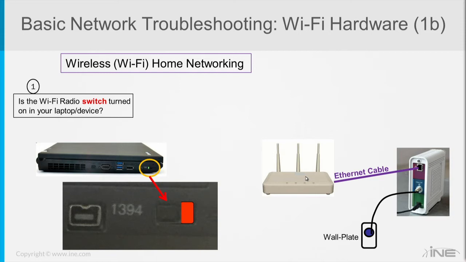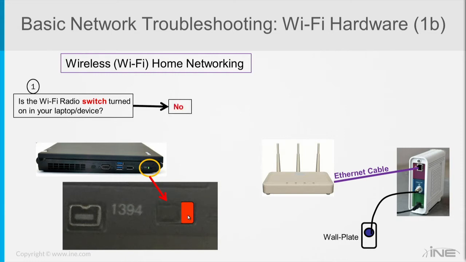Now, tablets and smartphones don't have a physical switch to turn on or off the Wi-Fi, but most laptops do. So if you look on your laptop, somewhere on it, the side or the back or something, you'll have a little switch. Now in this particular case, it's showing red, which means, hey, it's not turned on.